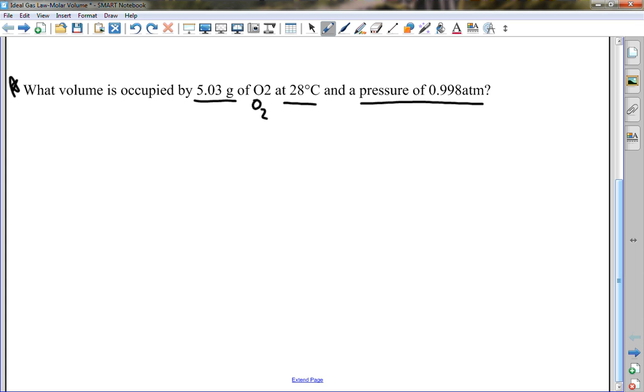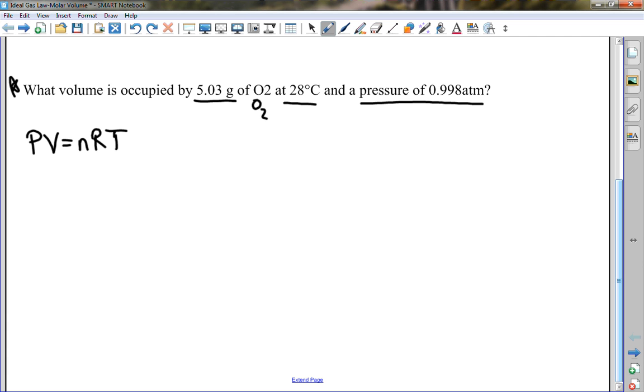So first thing you want to do is write out your equation, PV equals nRT. And there's a couple of ways to approach this. You can plug in the values and then rearrange it to solve for V, or the volume. You can also rearrange the equation now.